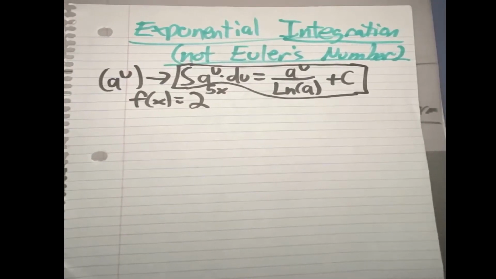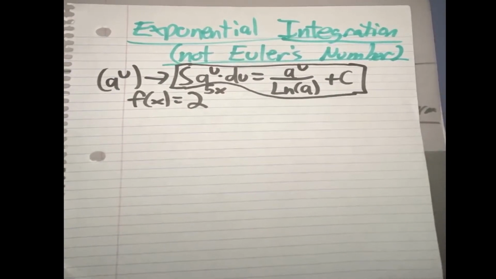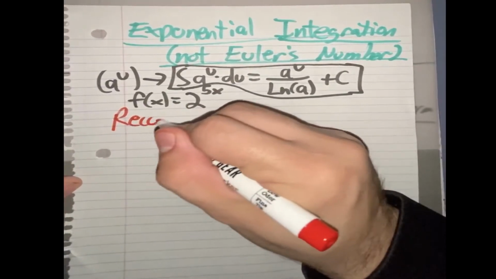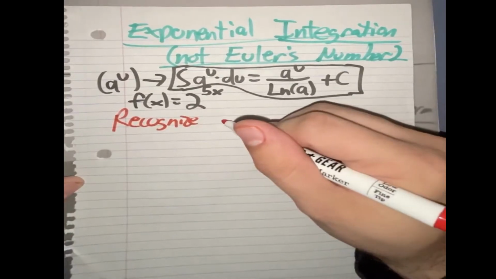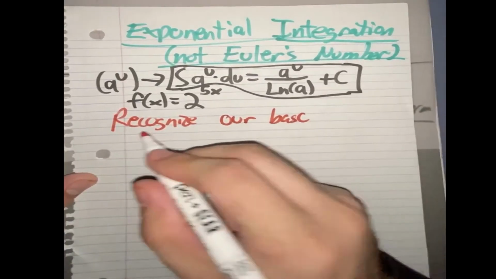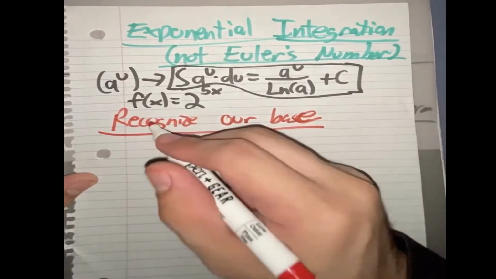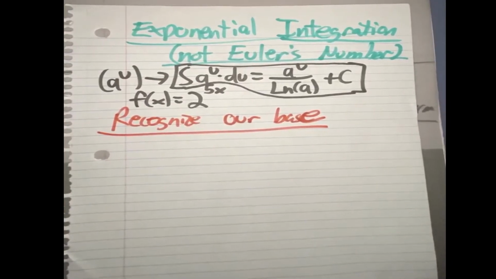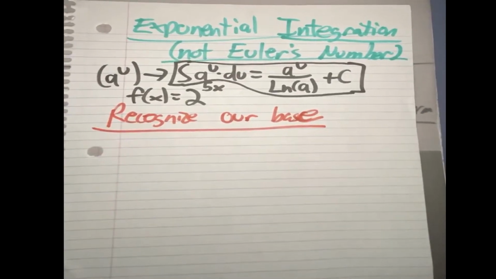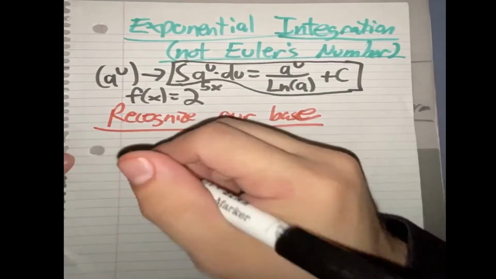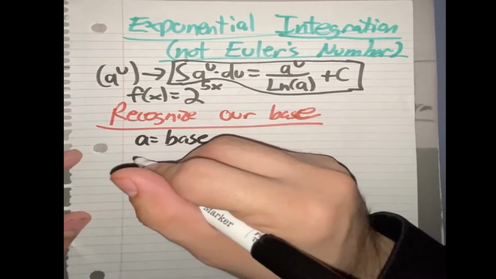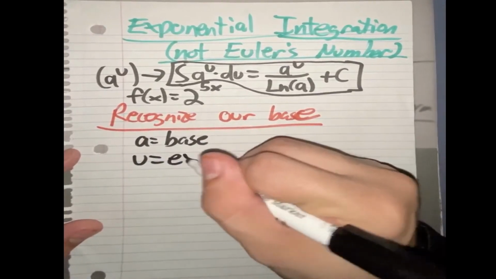What we need to do first is recognize our base, and recognize that our base does not equal Euler's number. So our A is equal to our base, and our U is equal to our exponent.